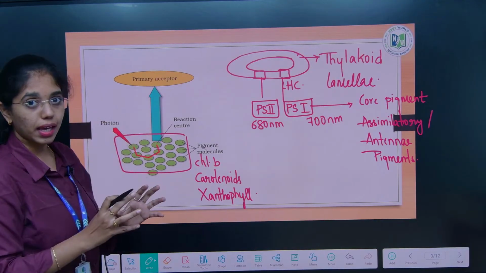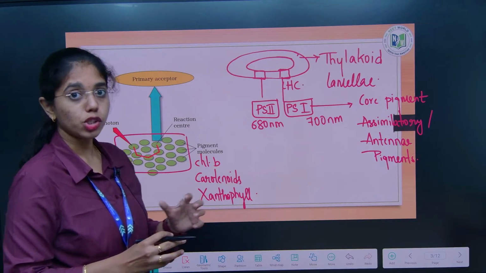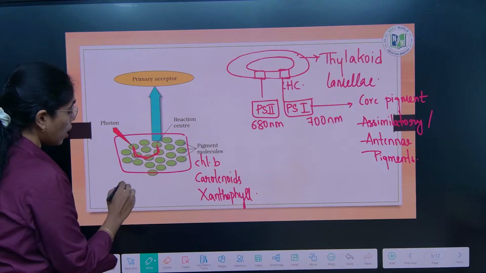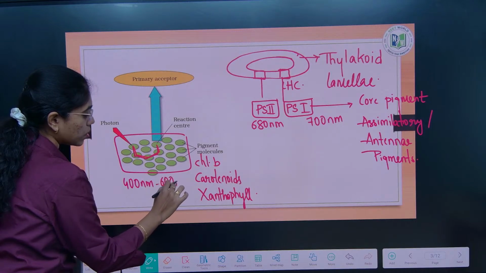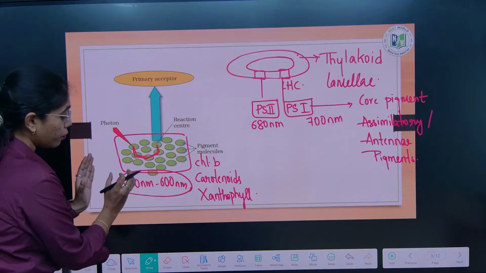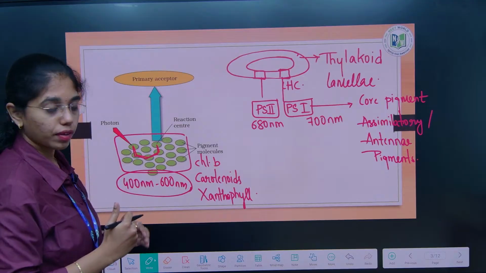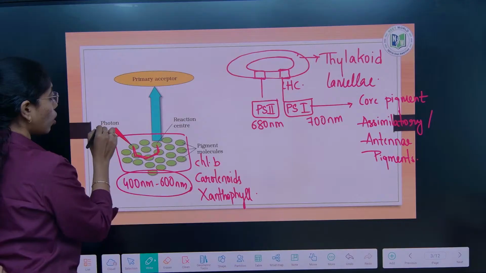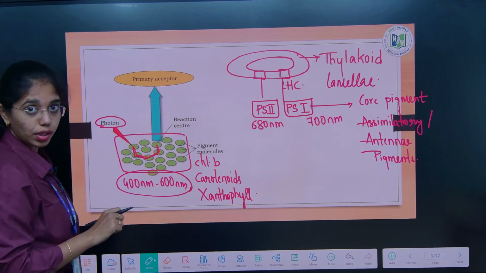Pigments are very basic to understand. Okay. So, what do these accessory or antenna pigments do? They absorb light at different wavelengths from 400 nanometers to 600 nanometers, not at the highest wavelengths. So, how is the sunlight absorbed? I told you sunlight is absorbed in the form of units, those are photon units.